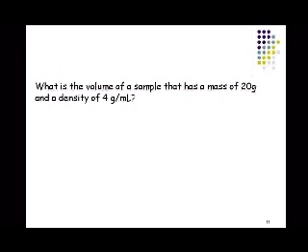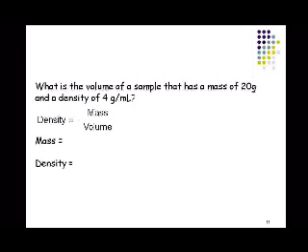What's the volume of a sample that has a mass of 20 grams and a density of 4 grams per milliliter? Using the same equation, density equals mass over volume. The mass of the object is 20 grams, and the density of the object is 4 grams per milliliter. Plugging these into our equation, we have 4 equals 20 over x.